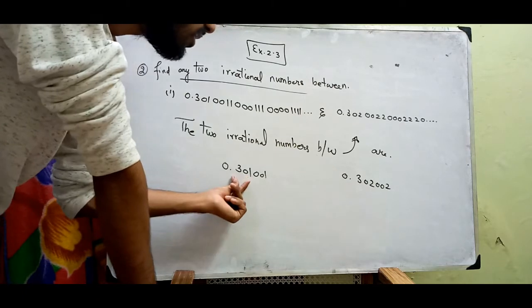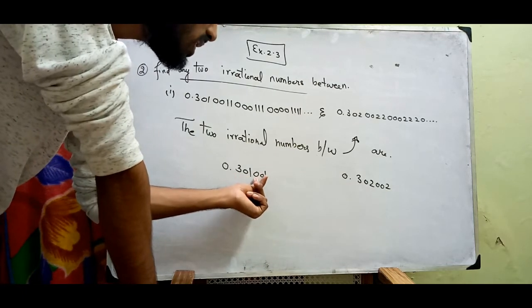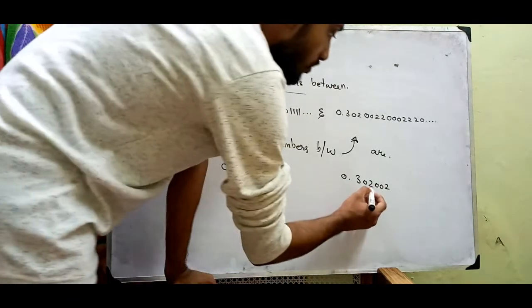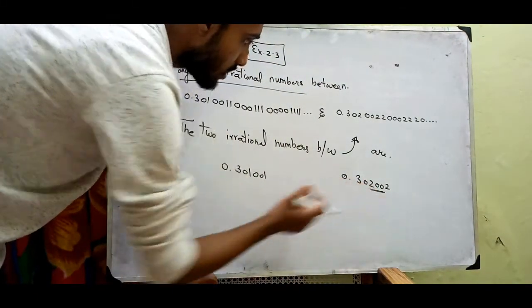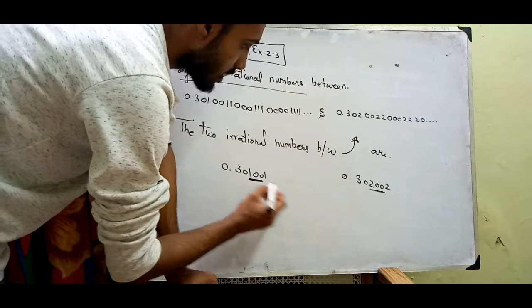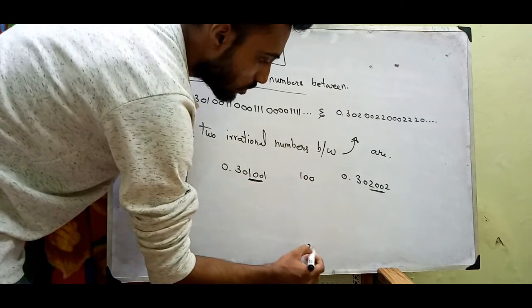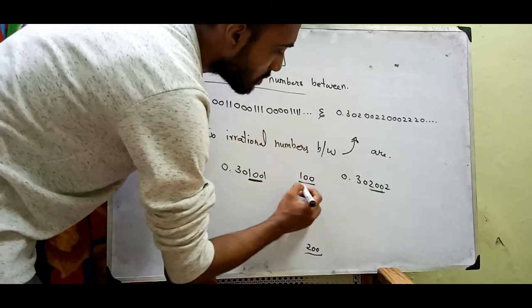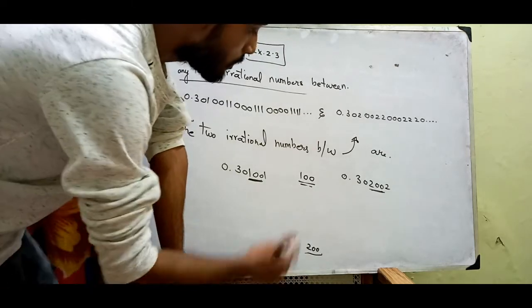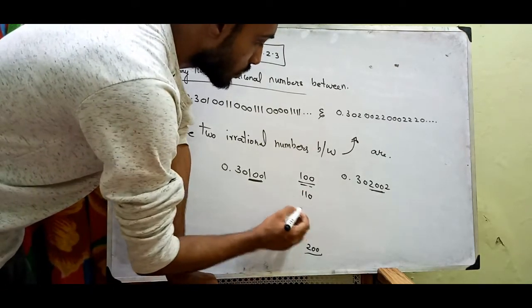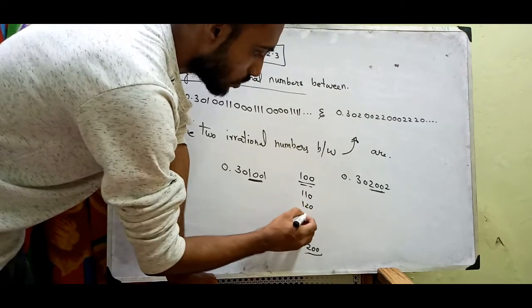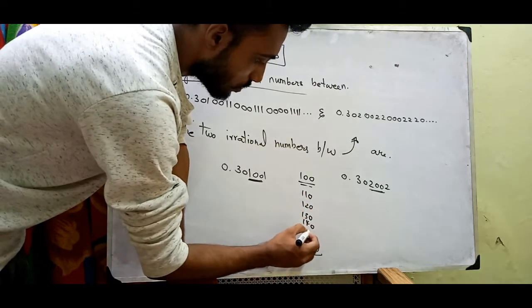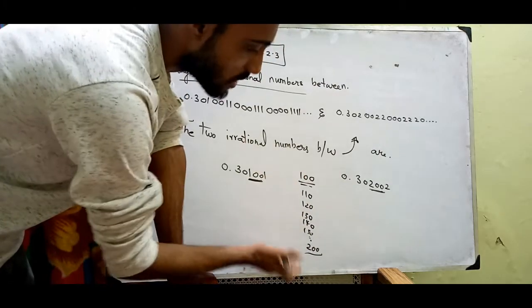We cannot change here, but we are able to change this 100. After 30 and 30 we have 100 and 200. So between 100 and 200, how many such numbers are there? We can take 110, 120, 130, 140, 150, and so on. In this way we can write.